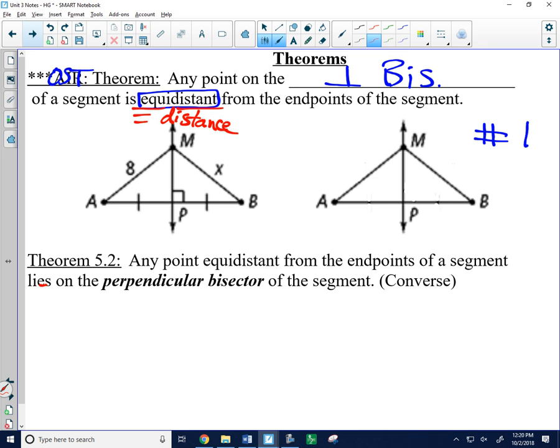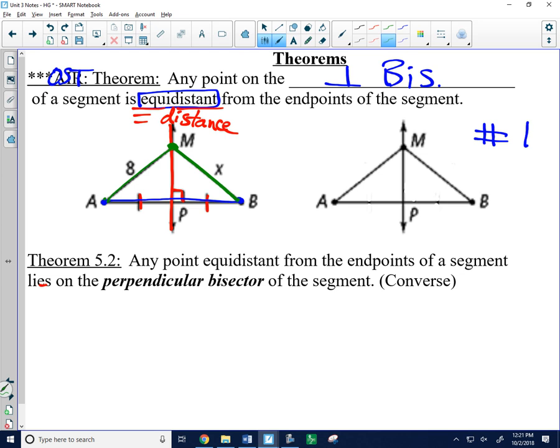So, any point, here's what it is. This right here is a perpendicular bisector. I know that because of the right angle and these marks. So it says this. Well, do you have a segment, not like a full line going on forever? Here's a segment, AB. If I choose any single point that I want on the perpendicular bisector, suppose I choose M, then the distance from M to the endpoints A and B are the same.